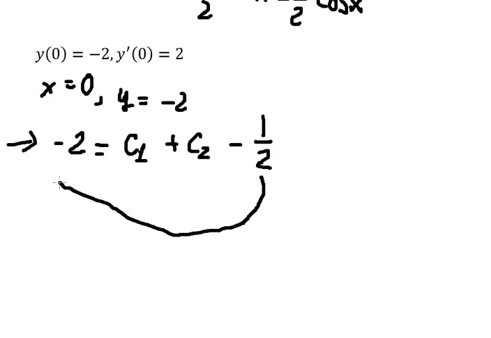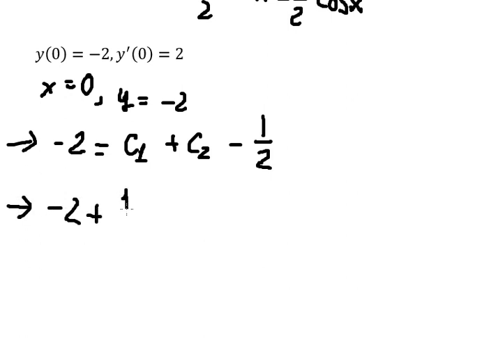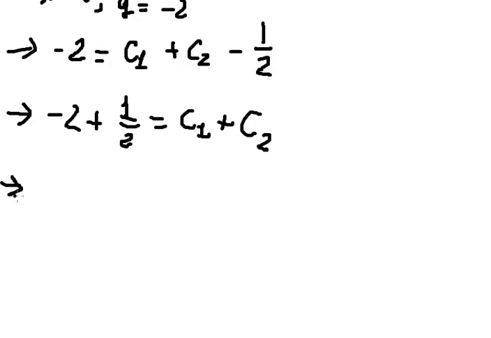So I will put negative 1 over 2 here. So 1 over 2 minus 2 is negative 3 over 2.